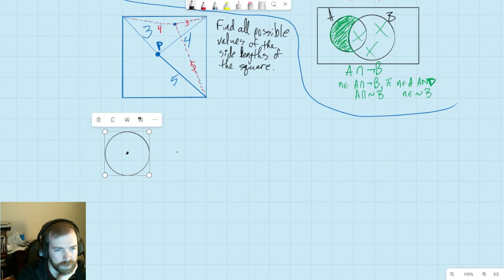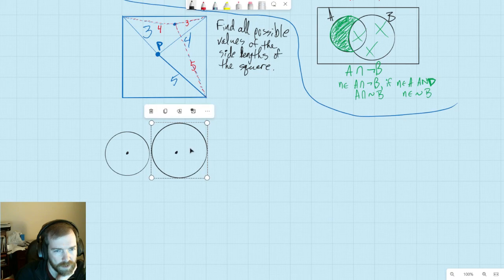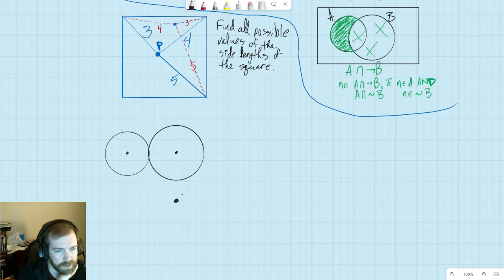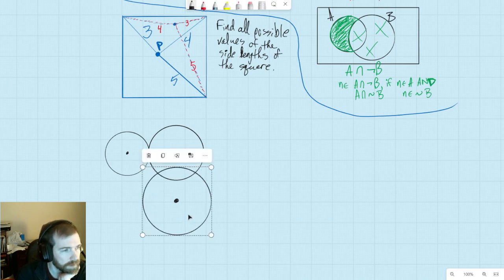And if we put another circle with radius 4, that needs to be bigger, around one of the other points. And again, without loss of generality, it doesn't actually matter which way this goes. And then we put a circle with radius 5 around the third point.